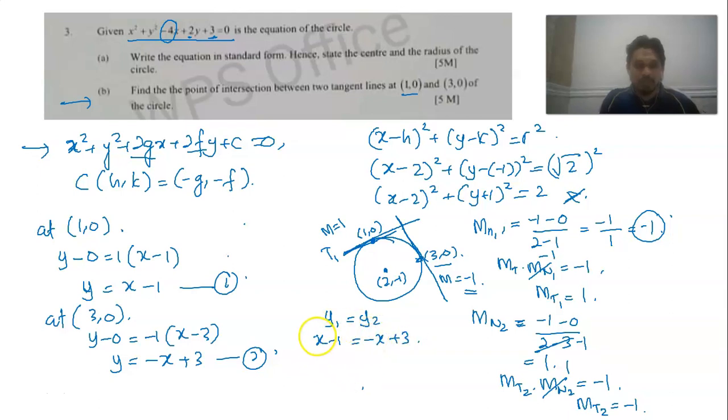Negative x becomes positive, so x plus x is 2x. Negative 1 becomes positive, so 3 plus 1 equal to 4, then x equal to 4 divided by 2 equal to 2. So when x equal to 2, y equal to negative 2 plus 3, and y equal to 1. So x equal to 2, y equal to 1. Okay, intersection point is (2, 1).